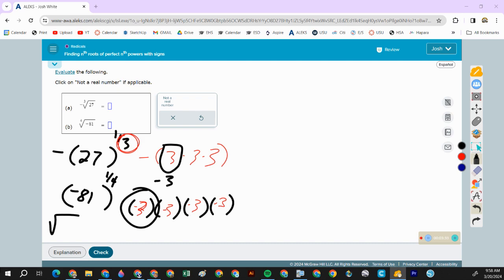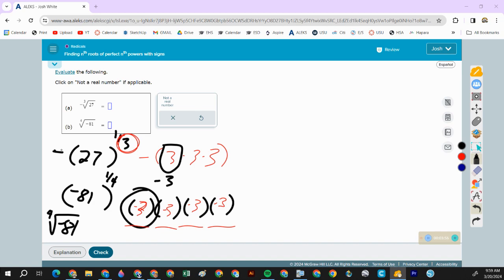What is the 4th root of negative 81? Well, that doesn't exist. Negative 3 times negative 3 times negative 3 times negative 3 is a positive number. So you cannot take the 4th root of a negative and get a real number. Just like you can't square root a negative and get a real number.